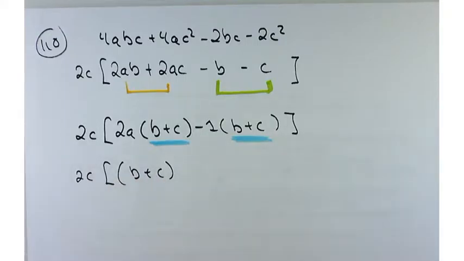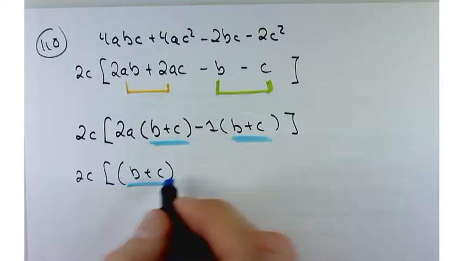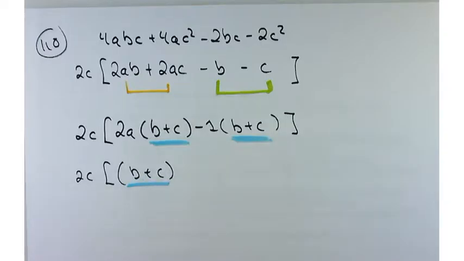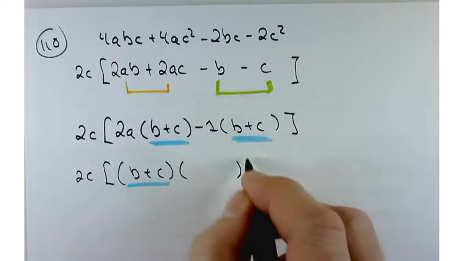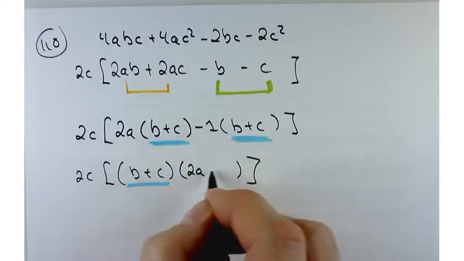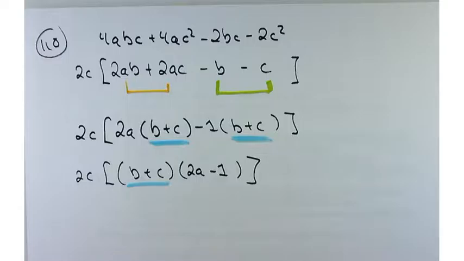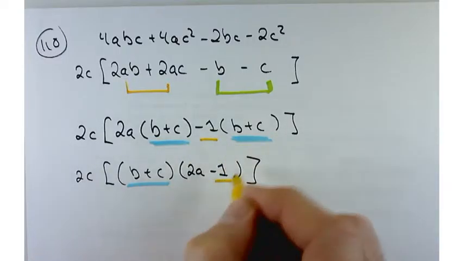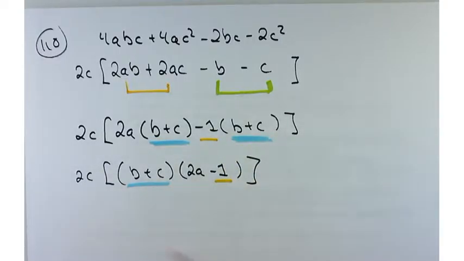So Roy, what's going to be left after I factor out the b plus c? Anything else? Good. So it'll be 2a here and minus 1 from here. Thanks, sir. There and here.